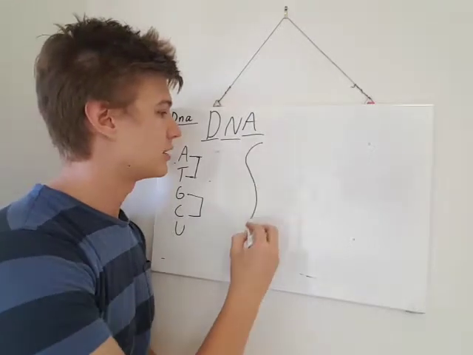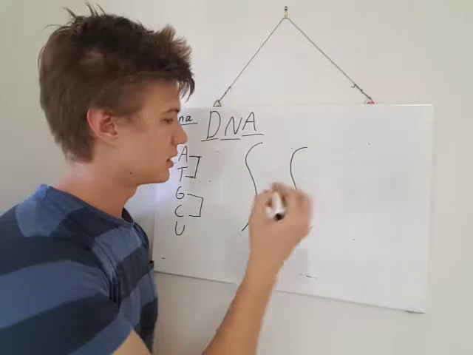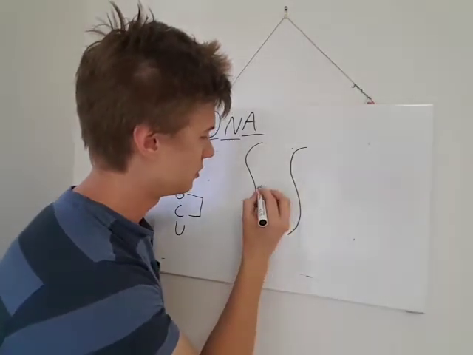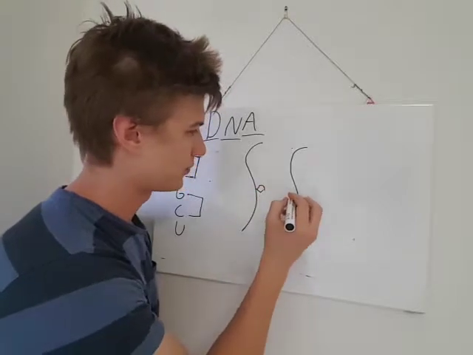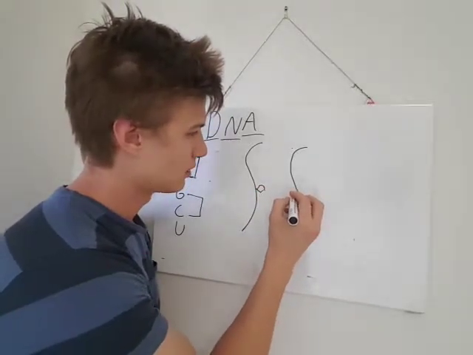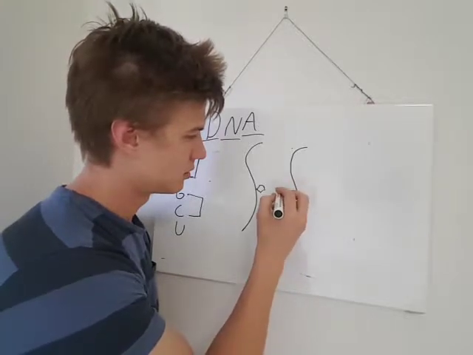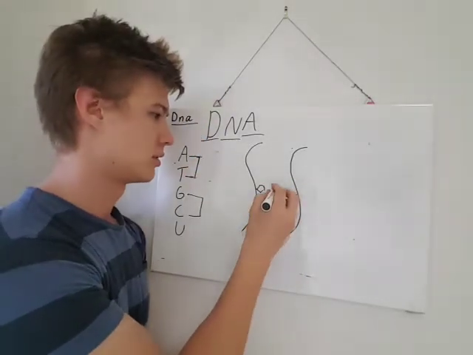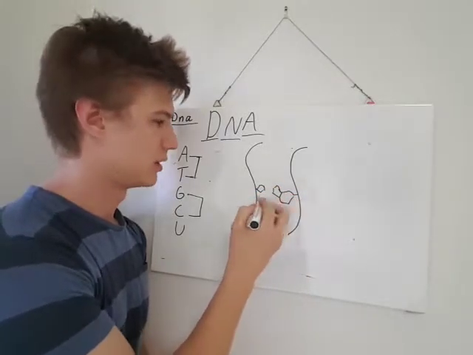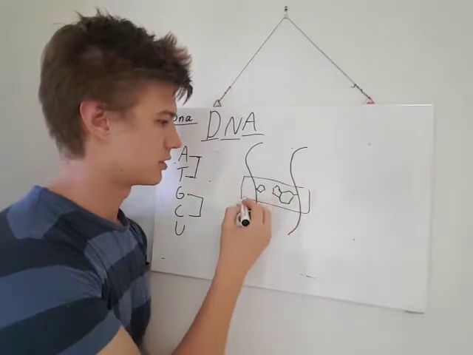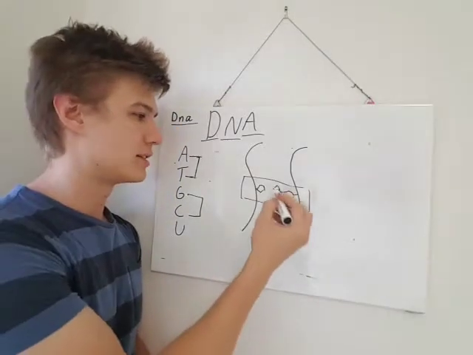So we have our DNA double helix, and we have our nucleic acids, right? And it'll have a nitrogen-rich pair of rings in here, called a nitrogenous base.